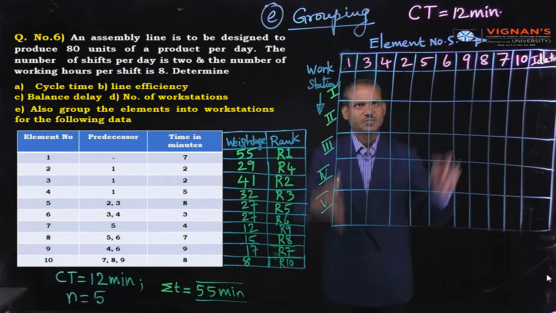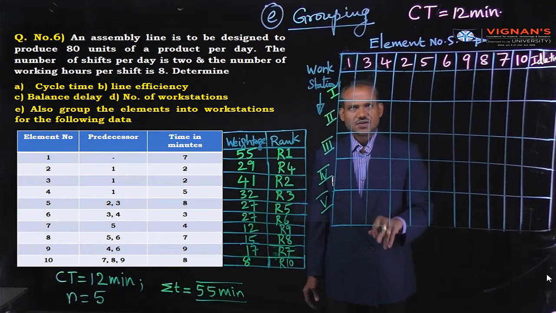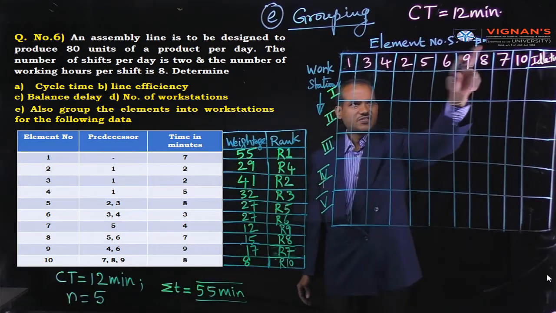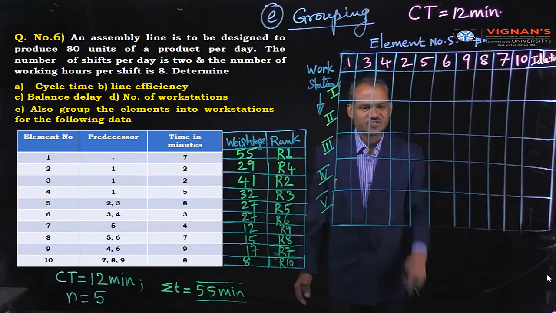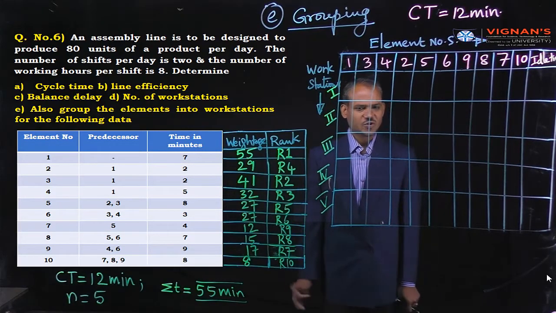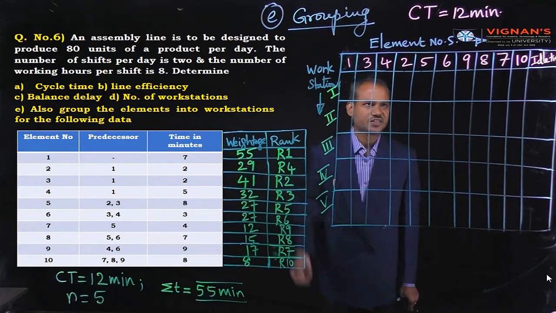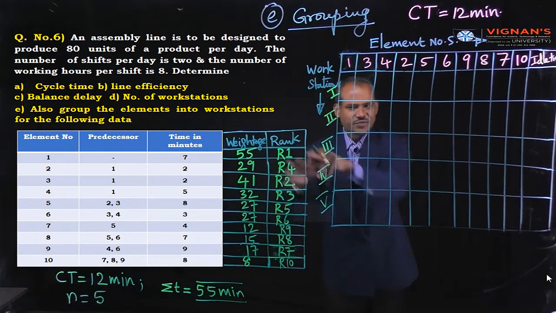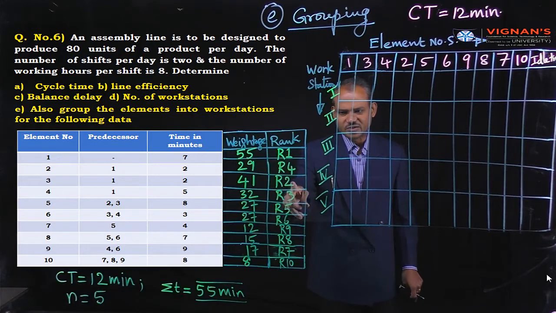What is this table? Observe this table. On this side I have written element numbers. How many elements are there? 10 elements are there. For each element we have assigned some rank: rank 1, rank 2, rank 3, like that.